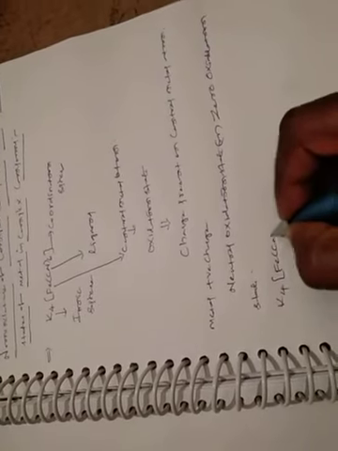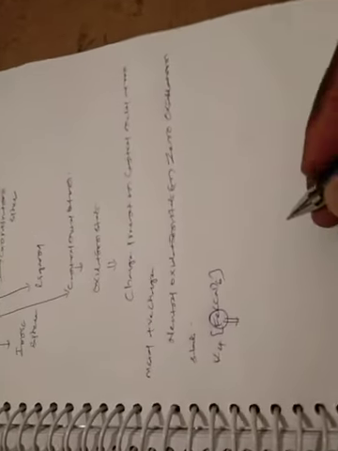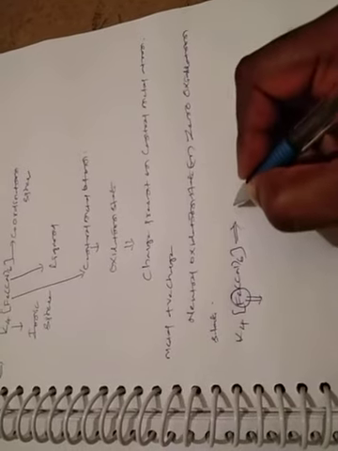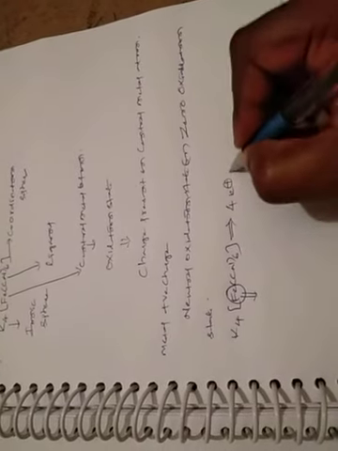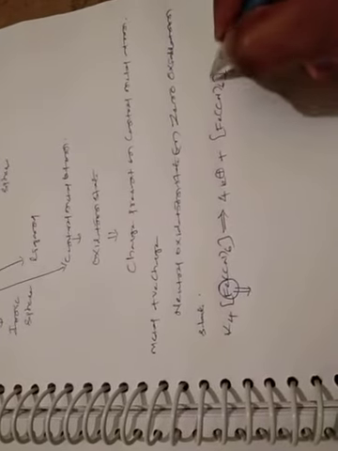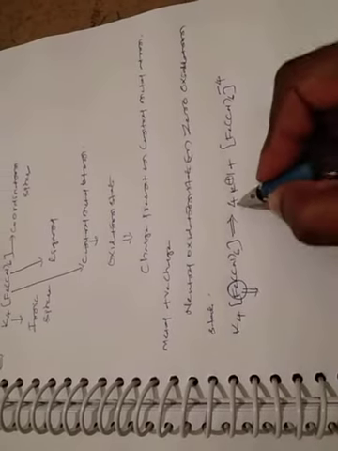So here friends, for this complex K4[Fe(CN)6], we will calculate the charge present on the central metal atom. If you dissociate this complex compound you will get 4K+ and [Fe(CN)6]4-. On potassium we have +1 charge, so 4 into +1 is +4.